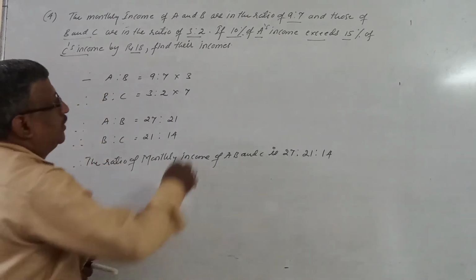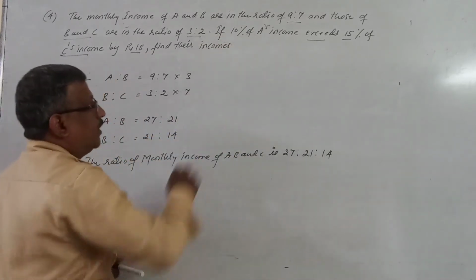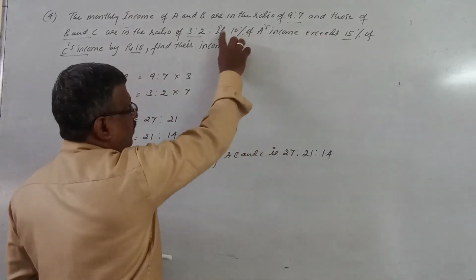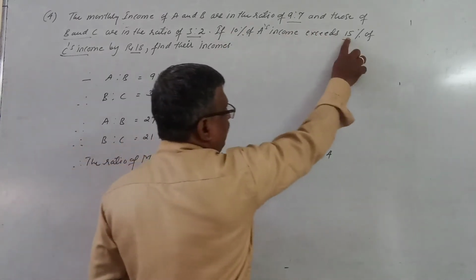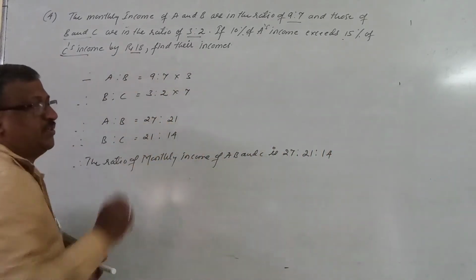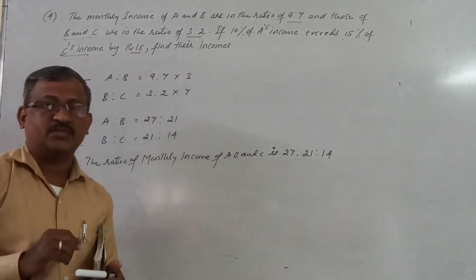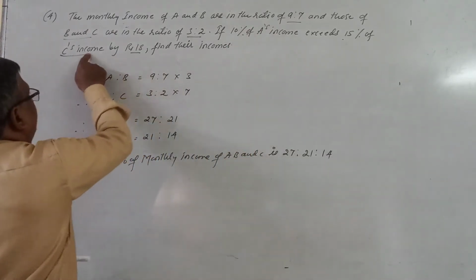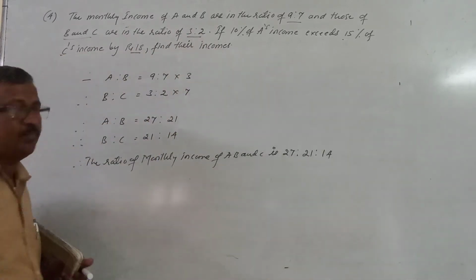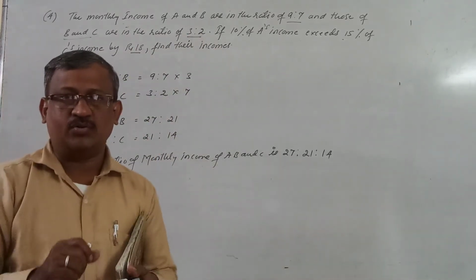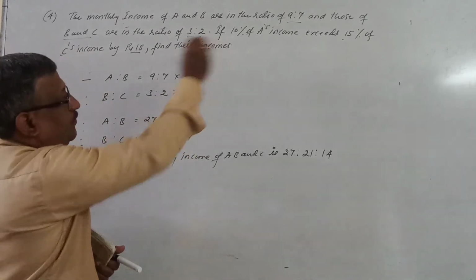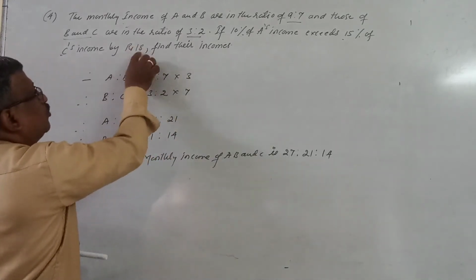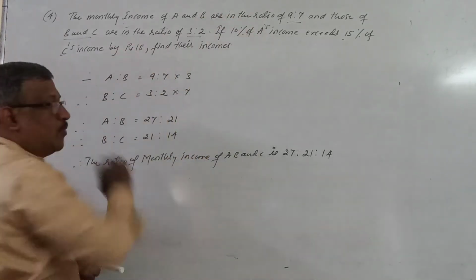To calculate that, in the next sentence they have said, if 10% of A's income exceeds, that means is more than, 15% of C's income by rupees 18. Whatever A's income is, we calculate 10% of it, and whatever C's income is, we calculate 15% of it, and if you compare these amounts, you find that 10% of A's income is more than 15% of C's income by 18 rupees. So 18 rupees is the difference between these two amounts.